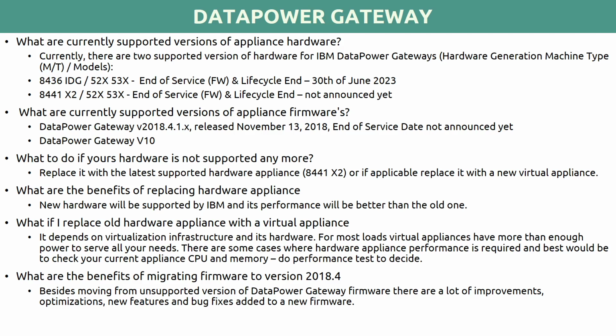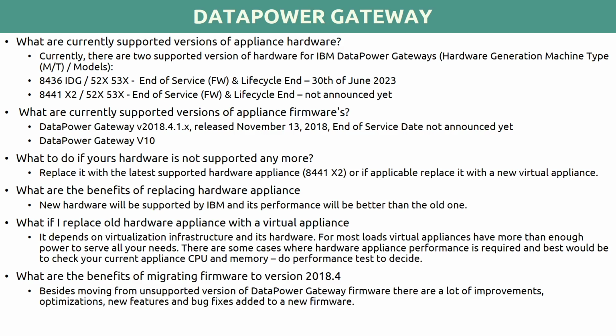And well, if you don't want to buy a new box, you can replace it with a virtual machine. So this would mean that you are moving from the hardware appliance to the virtual appliance, which will of course lose some hardware benefits of the boxes itself.